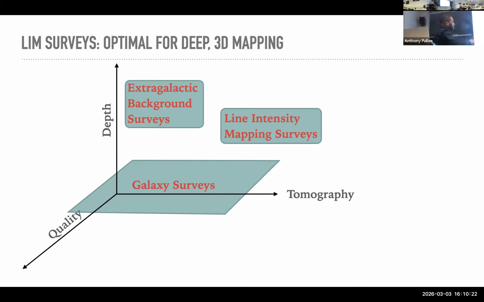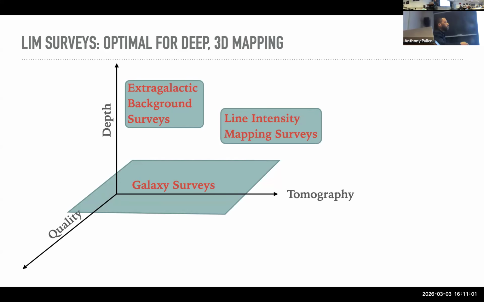And extragalactic background surveys, so these would be surveys of the cosmic infrared background, or the cosmic optical background. These are different types of surveys that measure the diffuse emission. They don't have quality, and these surveys also don't resolve individual galaxies, but they have very high depth because the continuum emission of these galaxies is usually really intense, and so you can sample galaxies to very high depth.